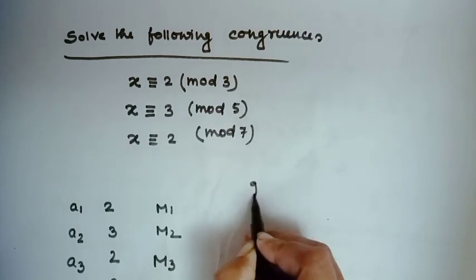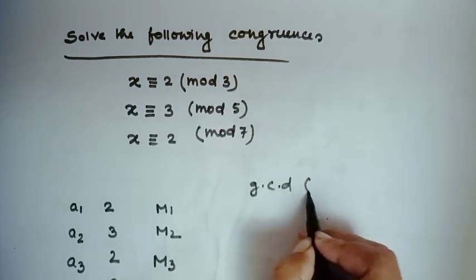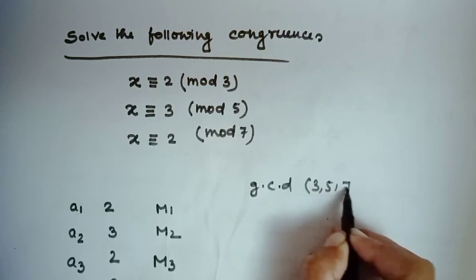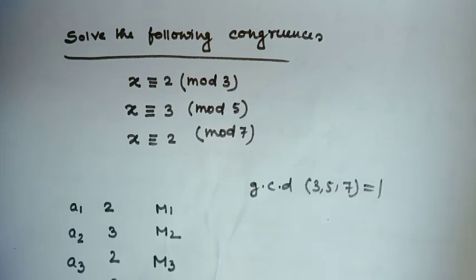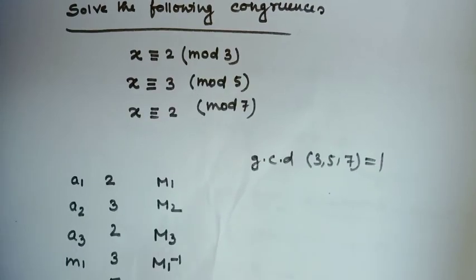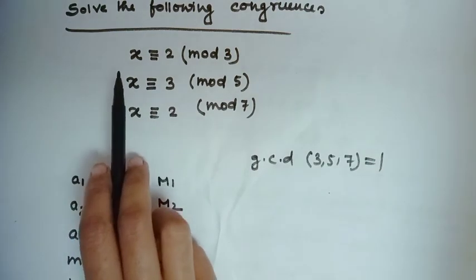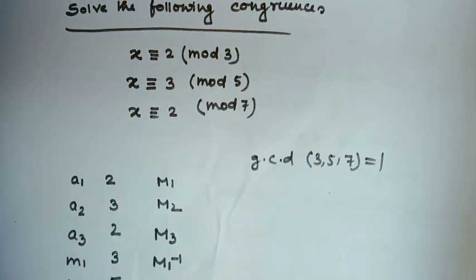Here the GCD of 3, 5, 7 equals 1. That means these are prime to each other, so this solution exists. Now we have to find the value of x.